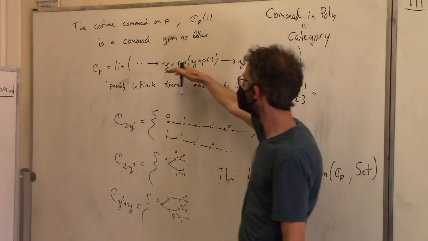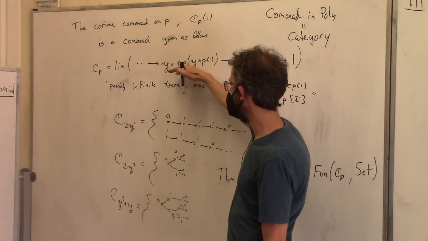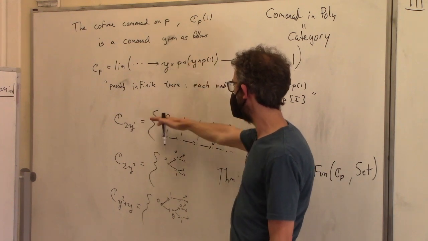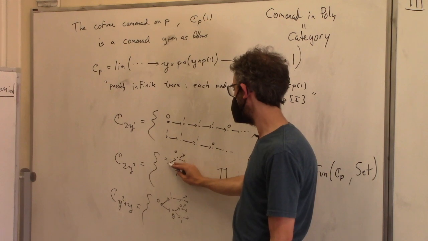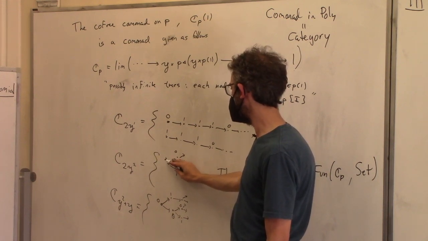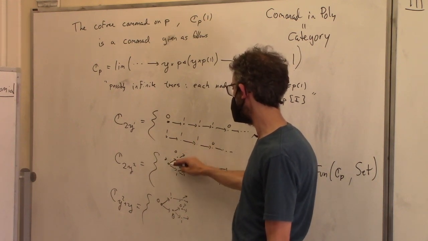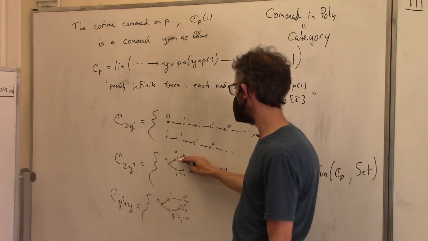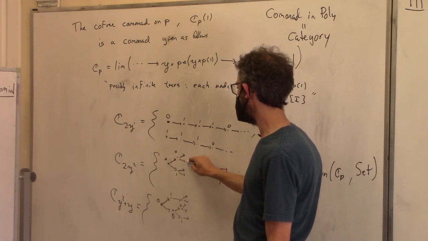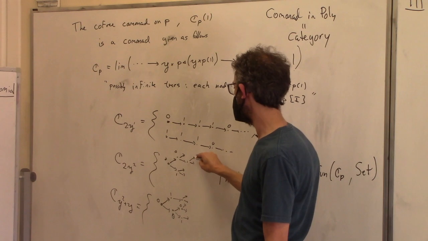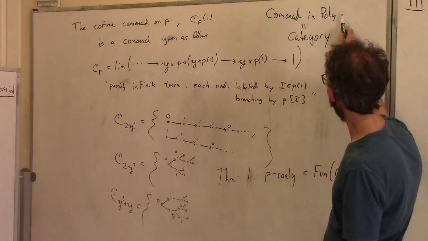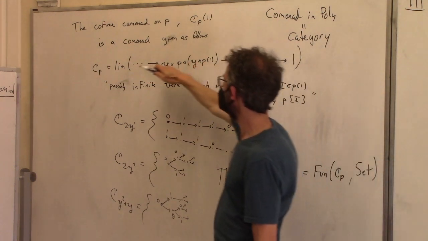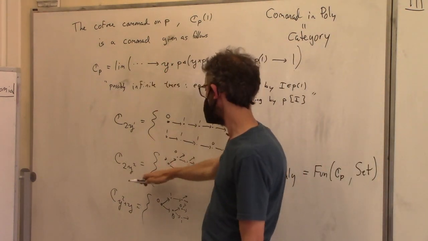So I told you this is a comonad. I didn't prove it, but now I'm telling you that it is. And so its objects are these trees. A morphism from one tree to another is when you take the first tree, follow a finite path, and what you see sitting there is another whole tree. That whole tree is the codomain of the map. So comonads in Poly are categories. The cofree comonad is a category.